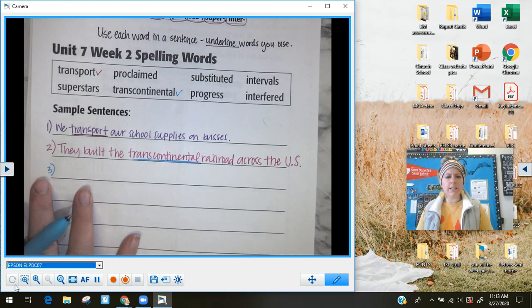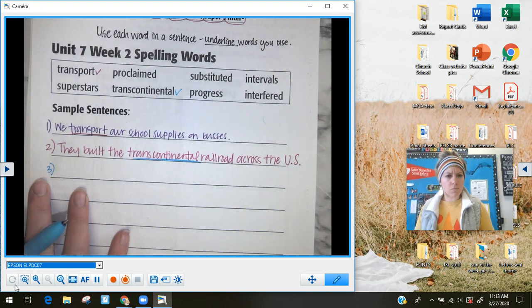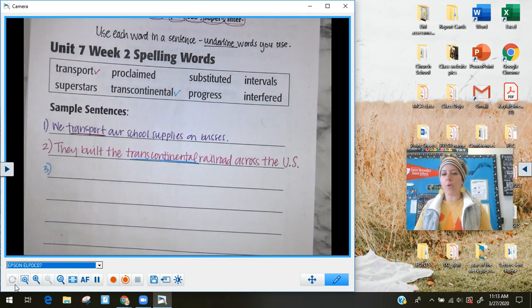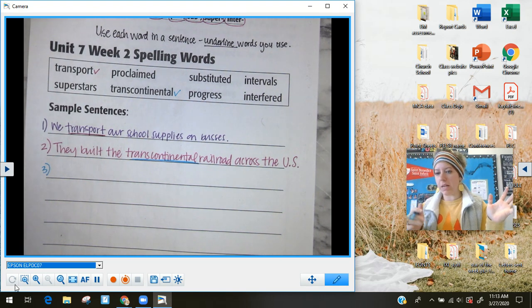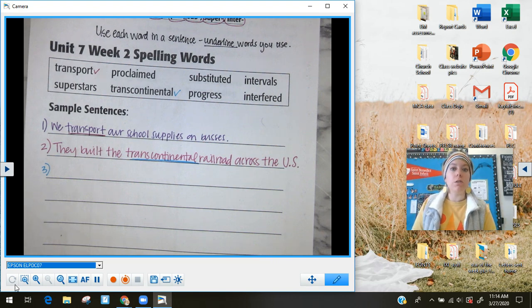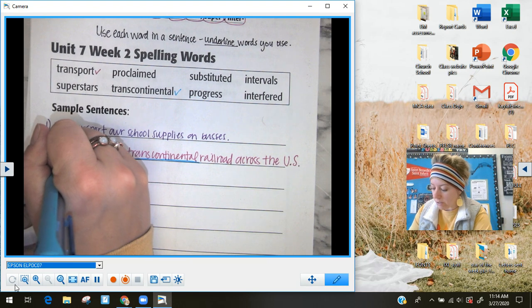All right, let's pick proclaimed. Proclaimed means you shout something out. You send some message forward. So what's something that you would want to shout out? Oh, there's pizza for lunch, the secretary proclaimed. How about something like that? Okay, so it's someone talking, so we have to put quotations around it.